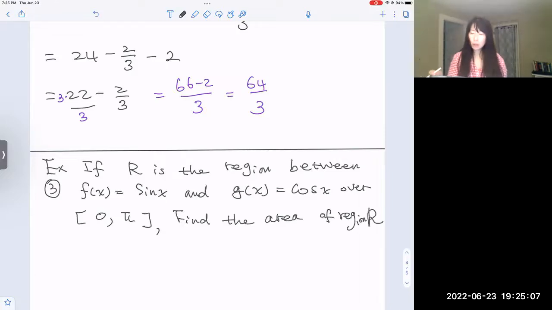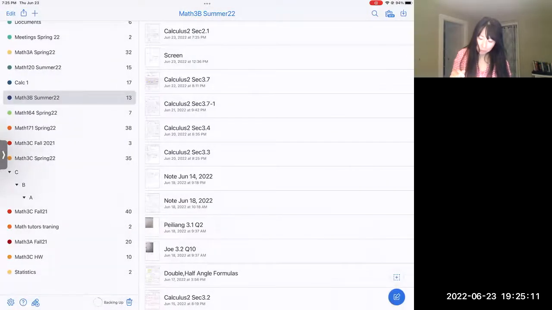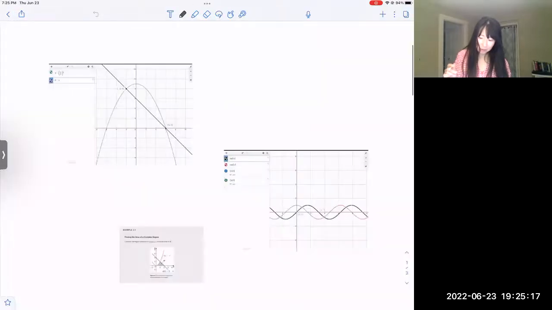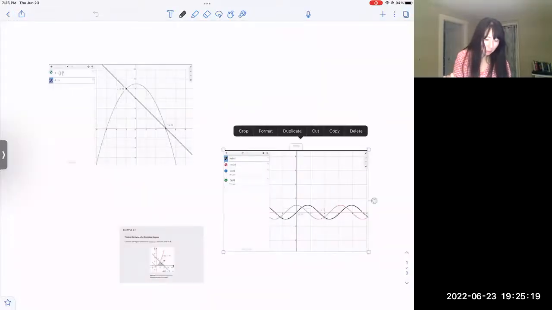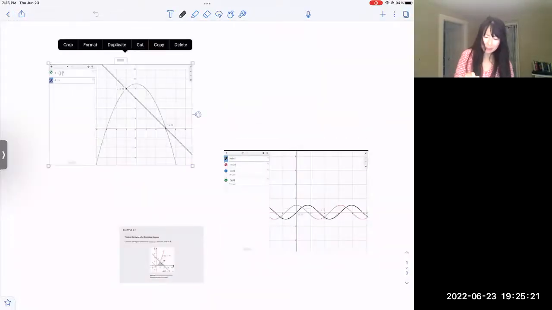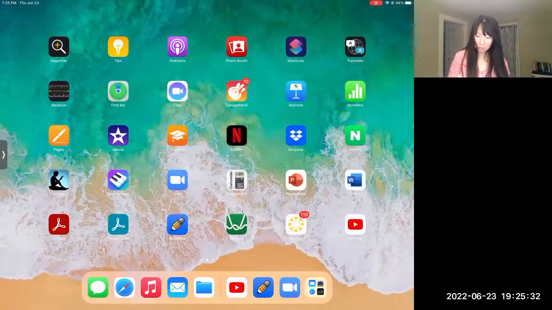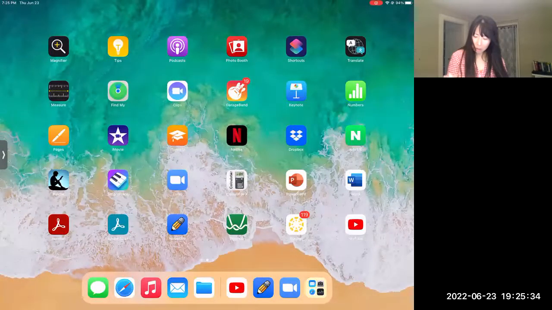Okay, this one, I want to bring the screenshot here. So I should make it a little bit nicer. Oh, I have this one. I wanted to give you a tip for this one. I got this one from Desmos.